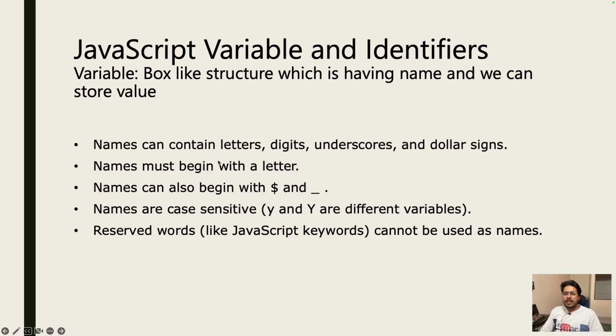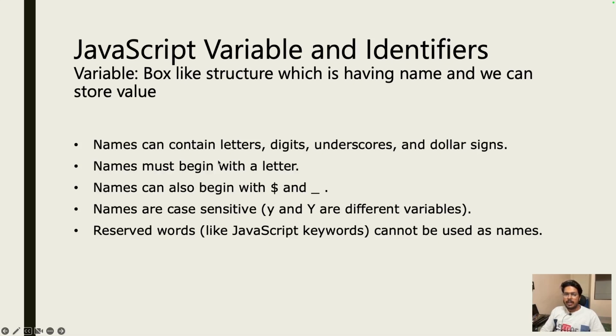The name must begin with a letter. You can include digits, underscores, dollars and letters, but the name should always start with a letter, not a number. Also remember, a name can also begin with the dollar or underscore sign. So you can start the name with a dollar sign or underscore.